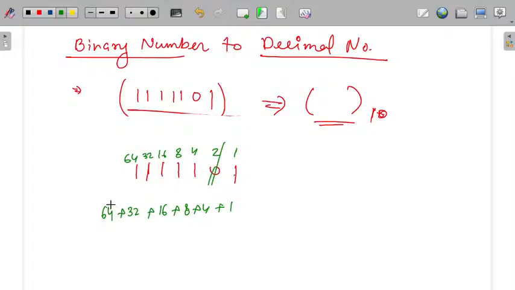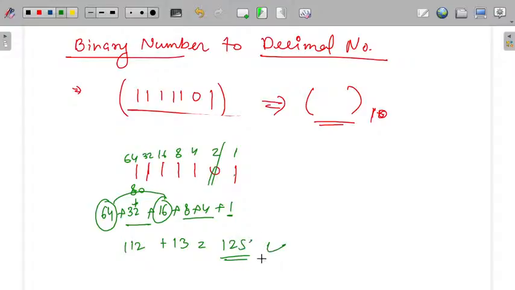So 64 plus 16 it will be 80, and 80 plus 32 it will be 112, plus 8 plus 4, 12, plus 113, then it will come 125. So from here it should start from the 1.